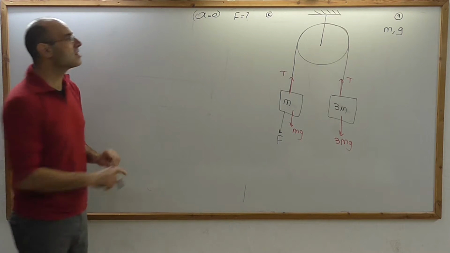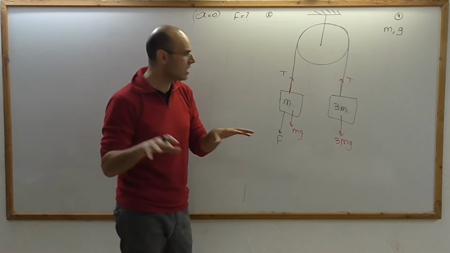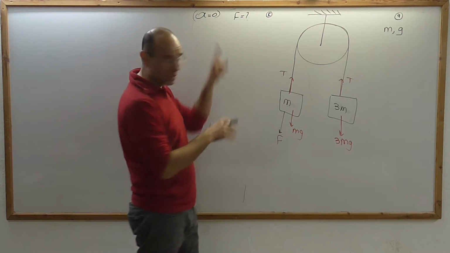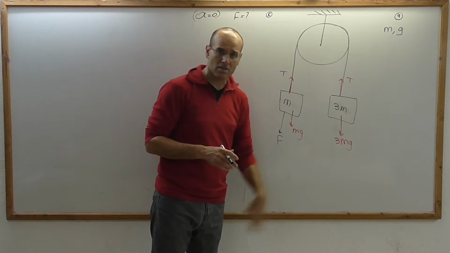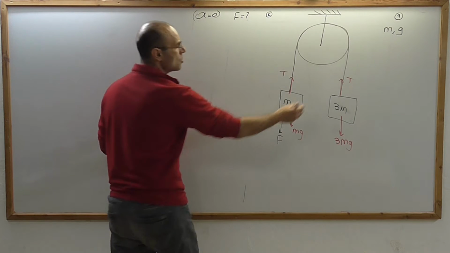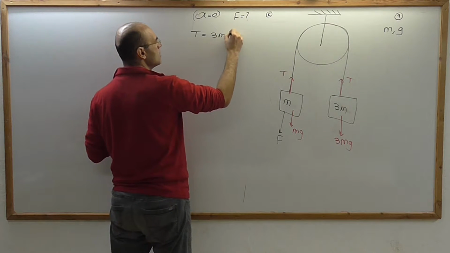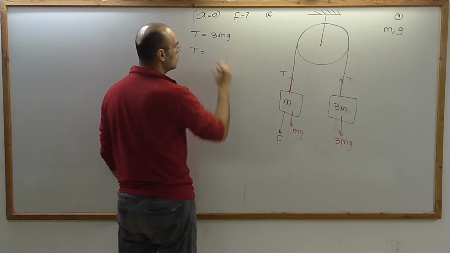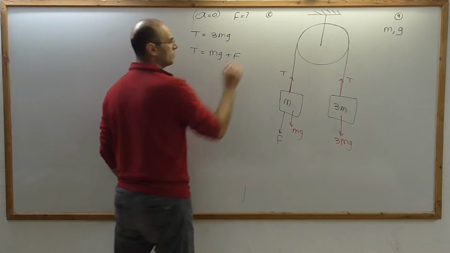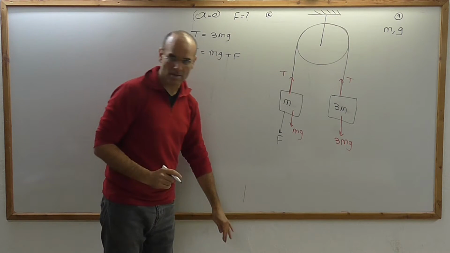If we know that this system is balanced, in equilibrium, no acceleration, and we look at each mass separately, every force must cancel the other forces. So if we look at this one, T must be equal to 3mg. And if we look here, T also must be equal to mg plus F. That must cancel that, and that must cancel that.